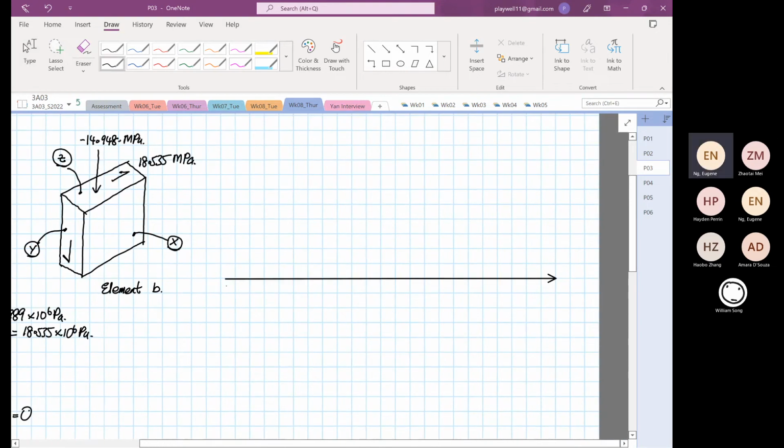So we're going to have minus 20, 15, 10, 5, 0, 5, 10, 15, and then we have our normal stress, and then we have our shearing stress again.